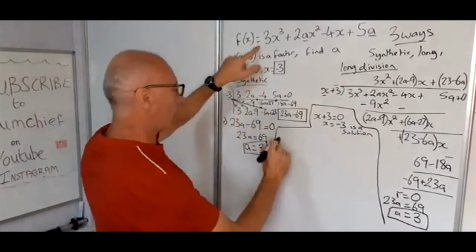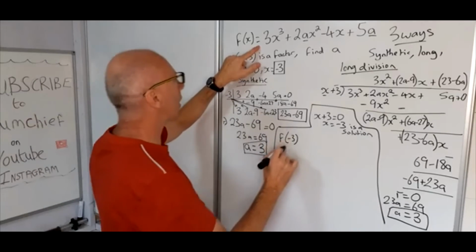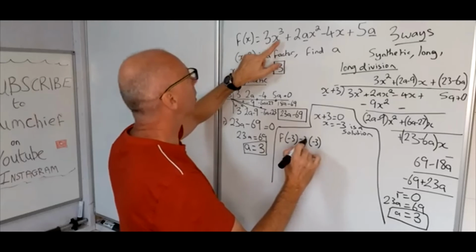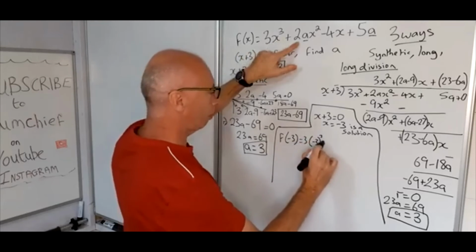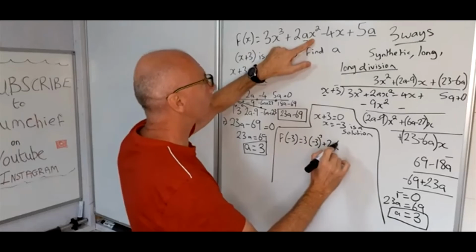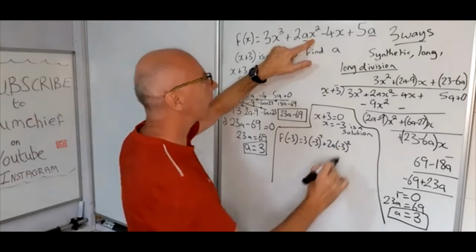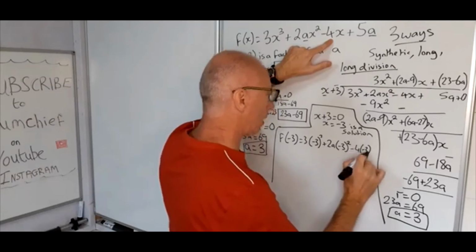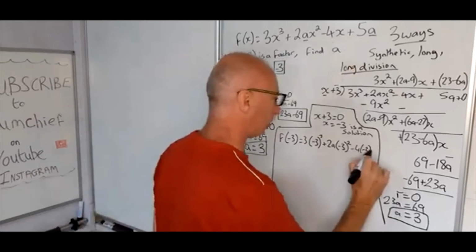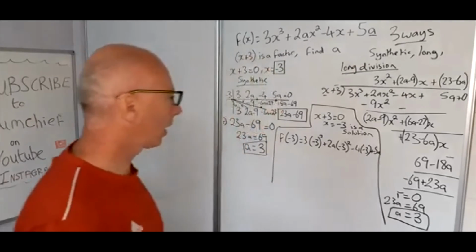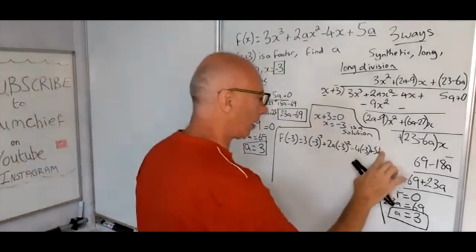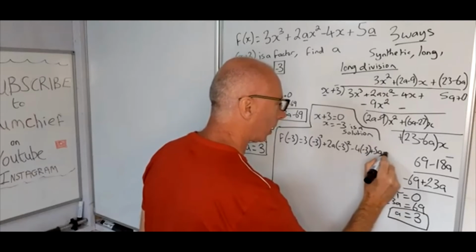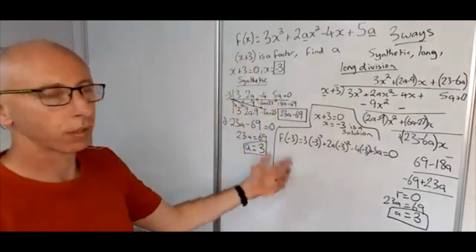So f of minus 3, so x is minus 3, equals 3 times minus 3 cubed plus 2a times minus 3 squared minus 4 times minus 3 plus 5a. Okay, and if it's a solution, then what we know is that this, let's just write that 5a there for you, equals 0. That's a solution.